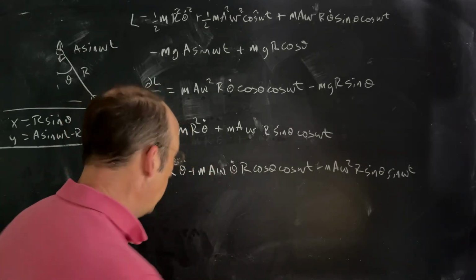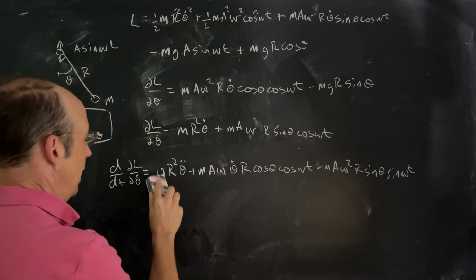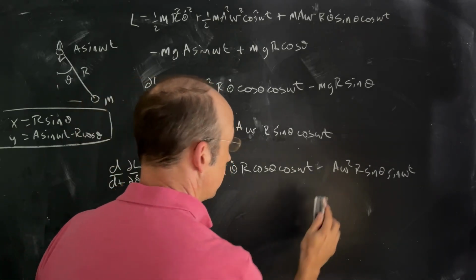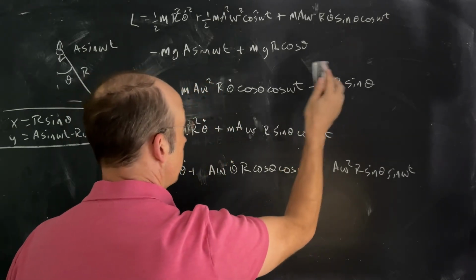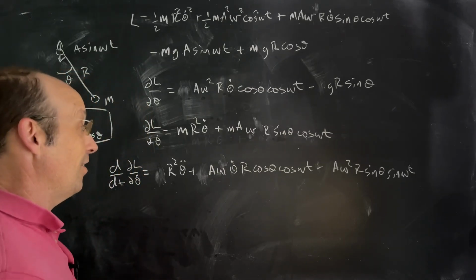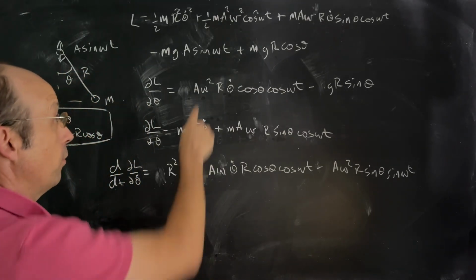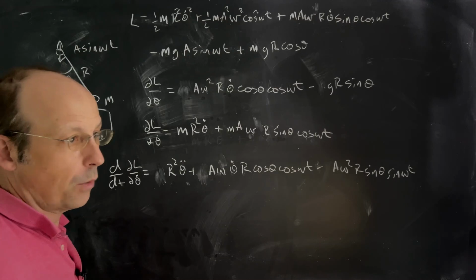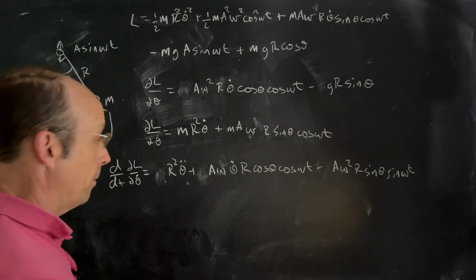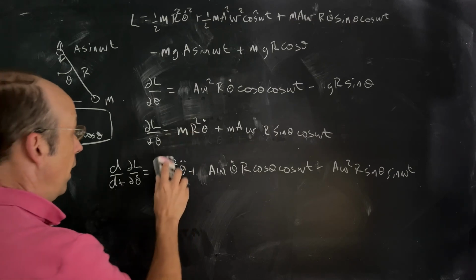Number one, let's just get rid of these masses because there's a mass in every term. I can do it with my eraser because it's fine. Now the next thing I'm going to do is divide both sides by r squared. I don't want to rewrite the whole thing, so I'm going to divide everything by r squared.